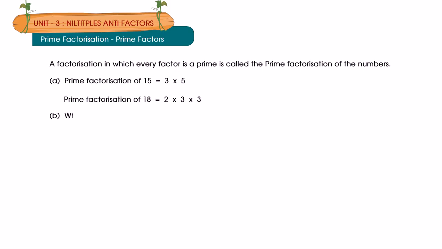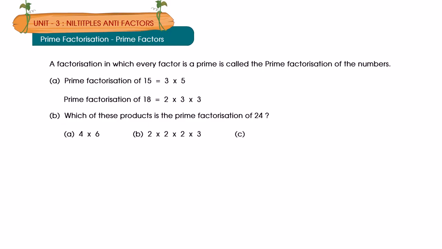Which of these products is the prime factorization of 24? A. 4 into 6. B. 2 into 2 into 2 into 3. C. 2 into 2 into 6. Solution.